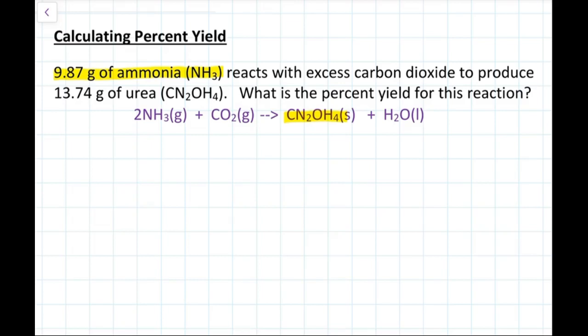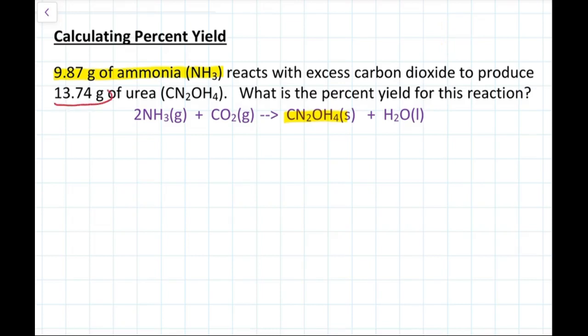So let's go ahead and start by converting the 9.87 grams of ammonia to grams of the product, urea, that we expect to produce. Because it may turn out that we were supposed to make 15 grams or 20 grams, but we only made 13.74.